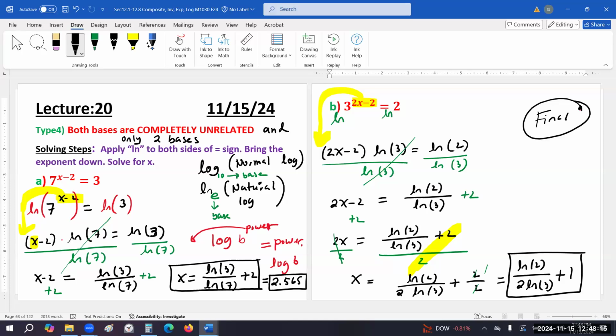So what's the answer in decimal? Who has an answer? This is 3. ln of 2 divided by 2 times ln of 3.